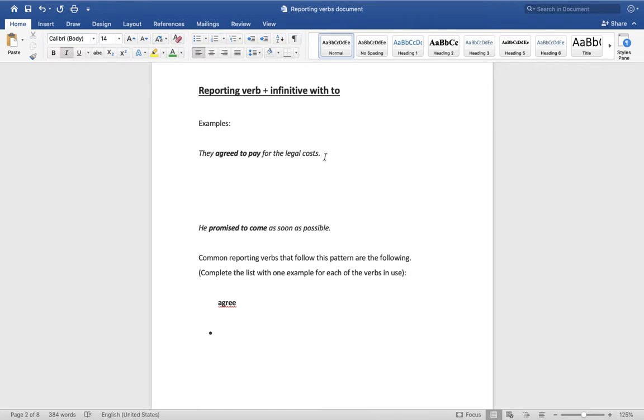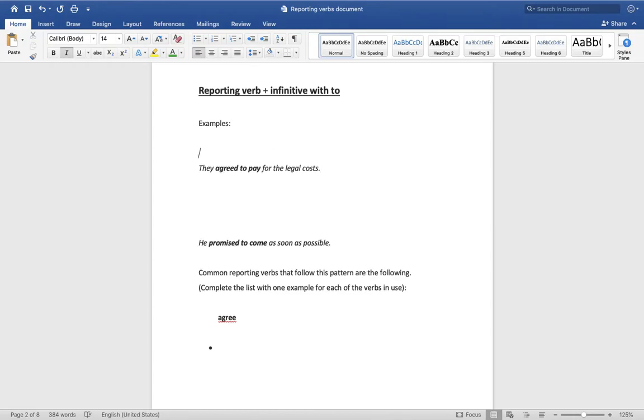So what we are going to try to see here is the process. How did we get here? So let's imagine the original sentence in direct speech was, they said, colon, inverted commas, to reproduce literally what the person said. All right, we will pay for the legal costs, right?